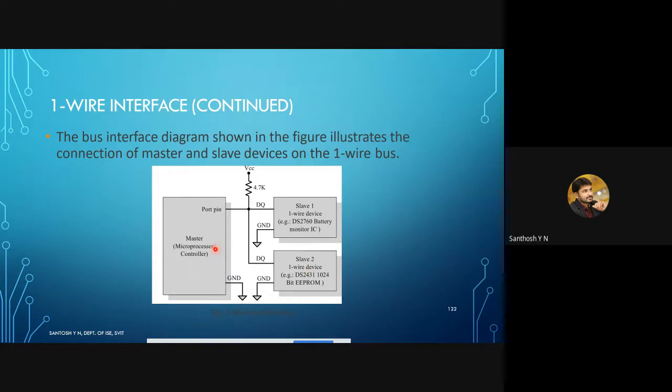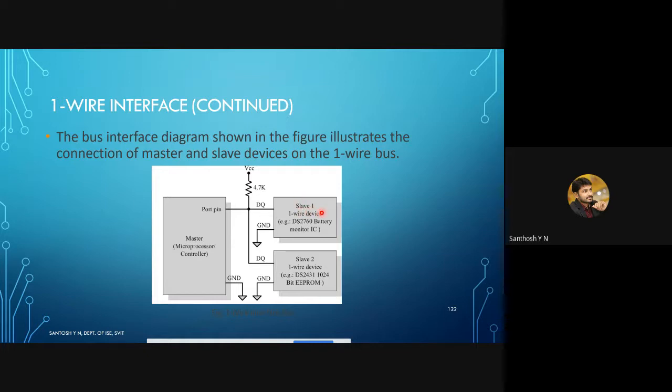If the master wishes to communicate with slave 1, then the unique identification number of slave 1 is loaded into this bus. Therefore the bus is activated only between the master and slave 1, and slave 2 cannot send or receive anything, because the unique identification number of slave 1 is loaded. I hope you have understood. The channel has been created only between the master and slave 1.